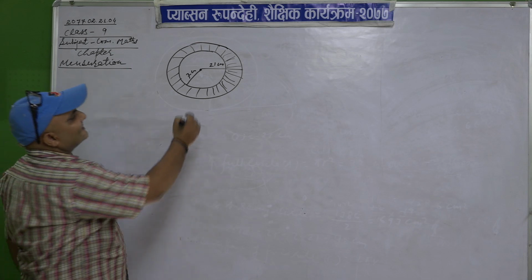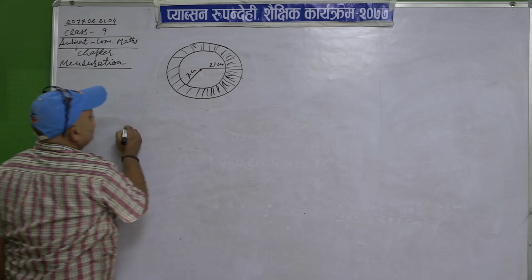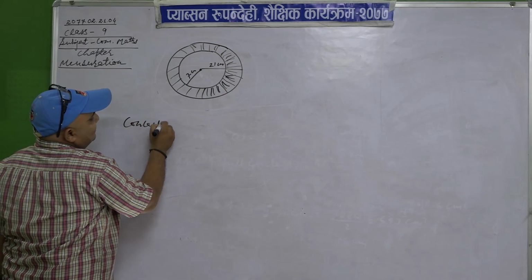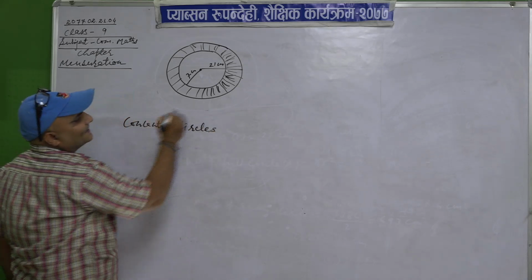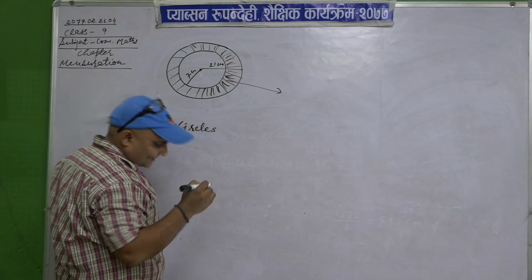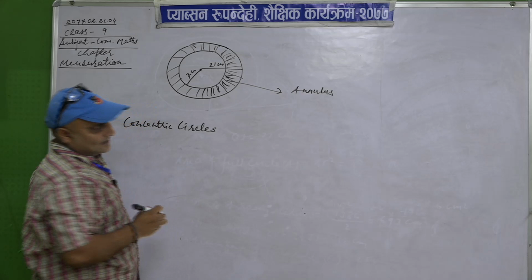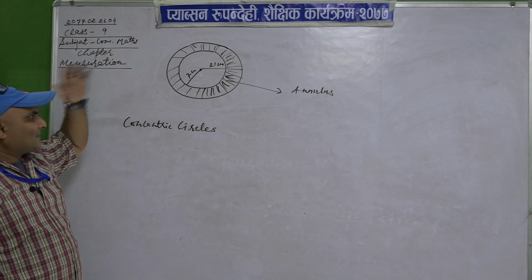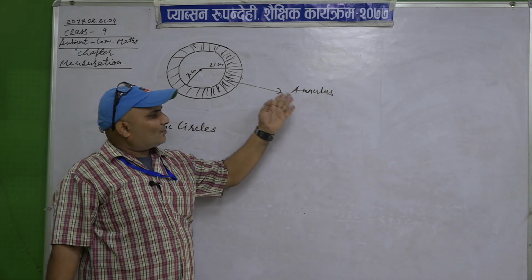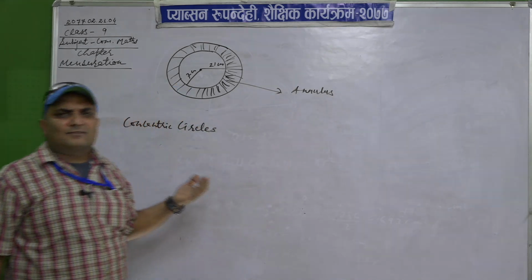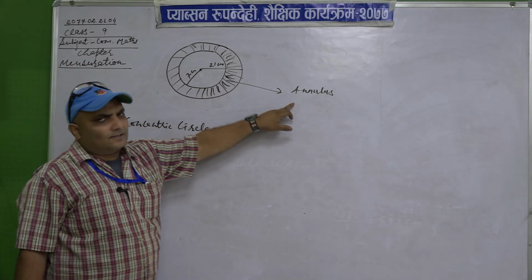In geometry, the circles are called concentric circles, and this shaded part is called annulus, A-N-N-U-L-U-S. Sometimes you may be asked to find the area of annulus.